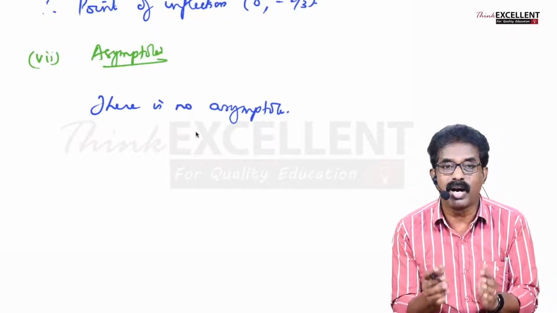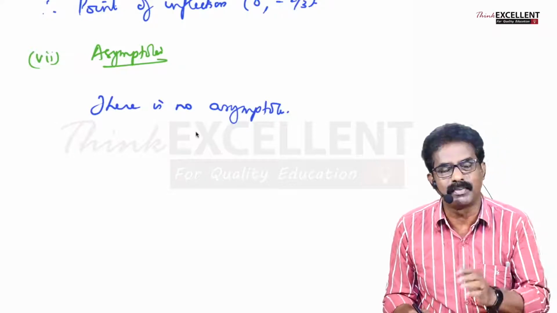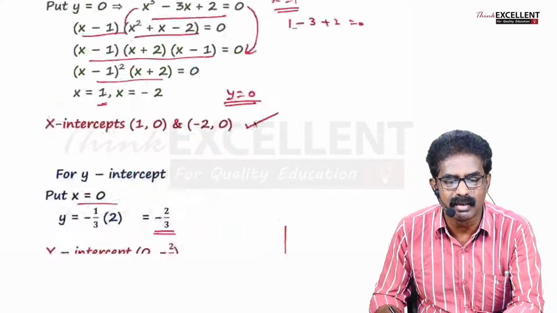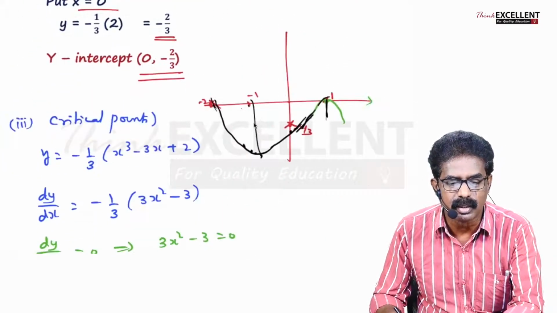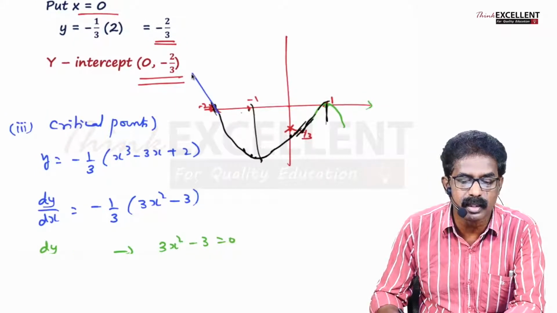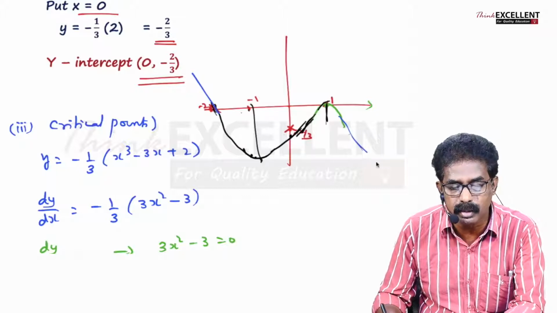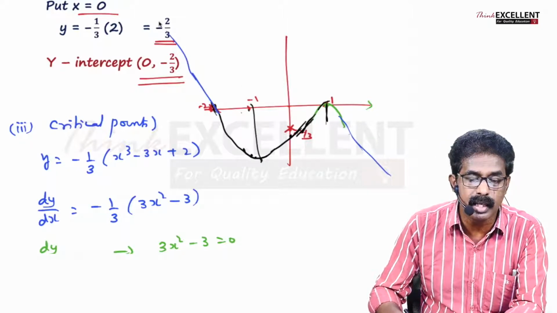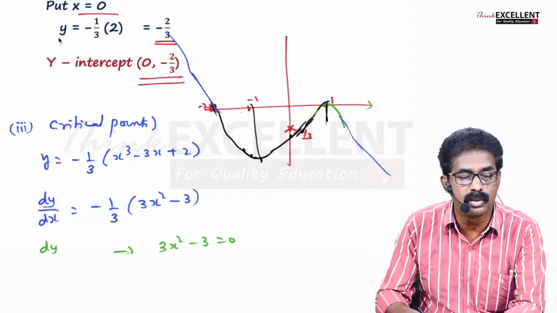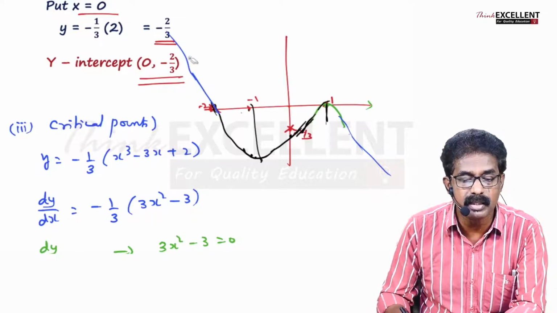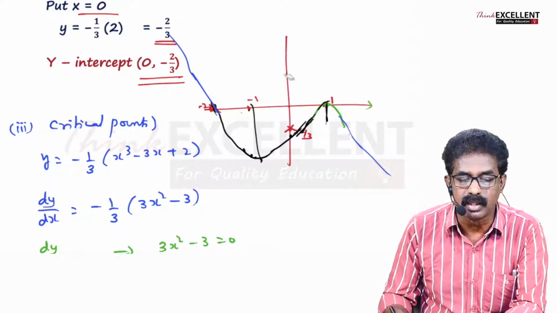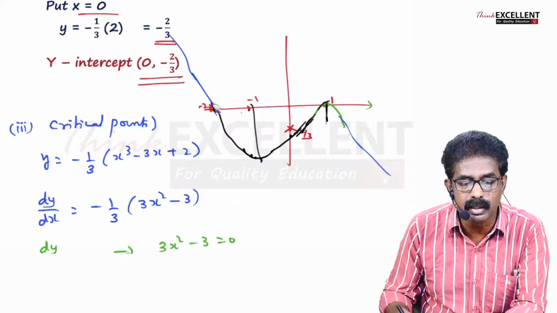Okay, after looking at all these 7 steps, you have to draw the diagram. Already drawn a rough diagram here, right? So it goes like this, and it is extending. There is no maximum or minimum for the whole curve, but it is moving here. So for y, it takes all the values. So the range is minus infinity to plus infinity. It is not stopping here. So further it moves here, right?